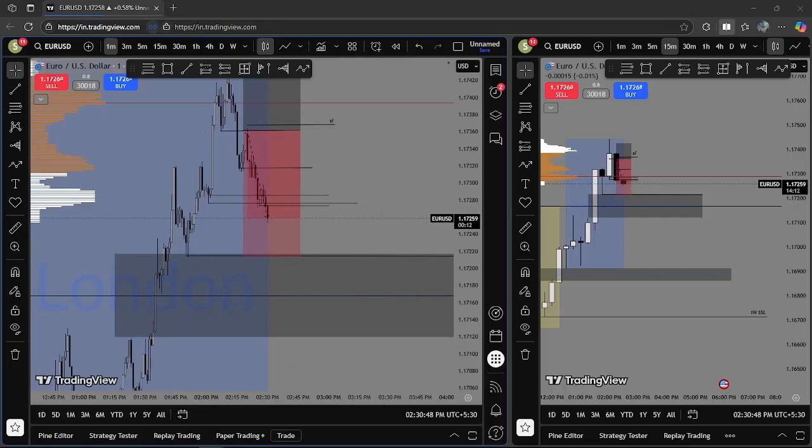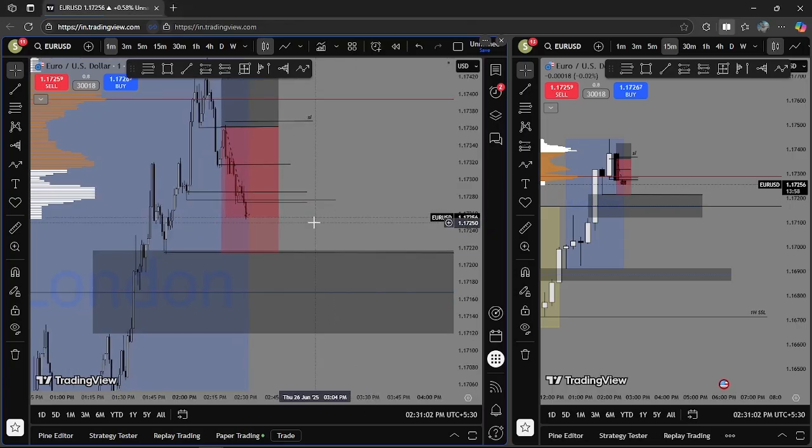Let's see, the divergence is still not there now, the lower divergence has gone. So, down close candles.